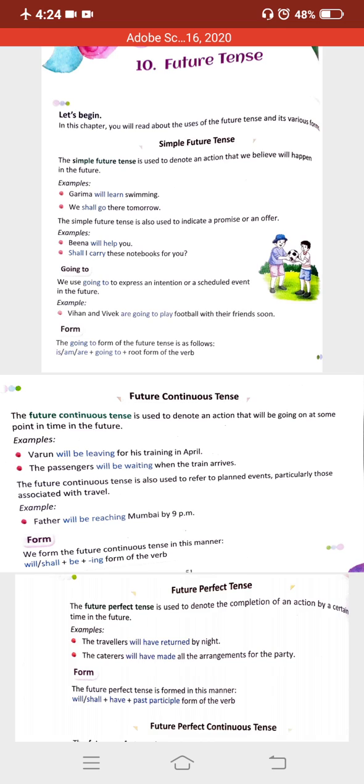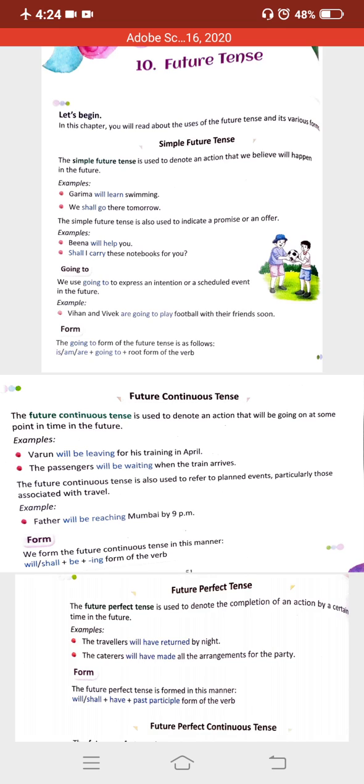The simple future tense is also used to indicate a promise or an offer. If we want to make a promise or any offer, we can use the simple future tense. Example: Bina will help you.